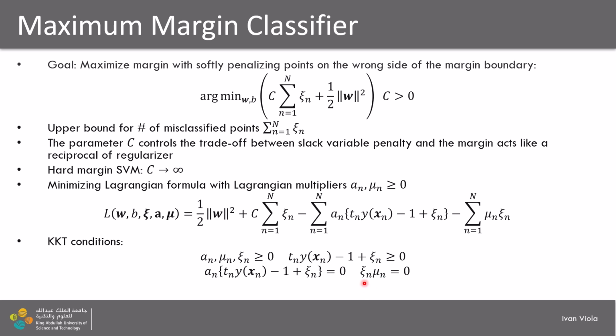So for all the points which have psi n equal to 0, the mu n can be 0 or non-zero, but for all those where psi n is non-zero, the mu n will be 0.